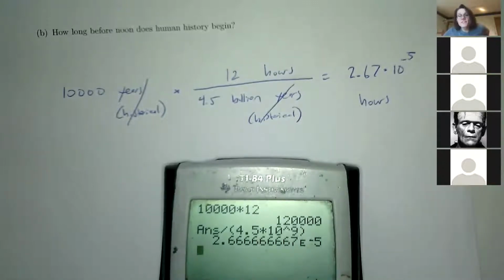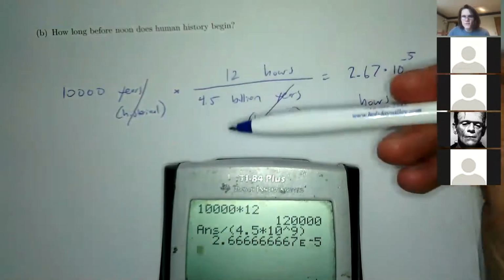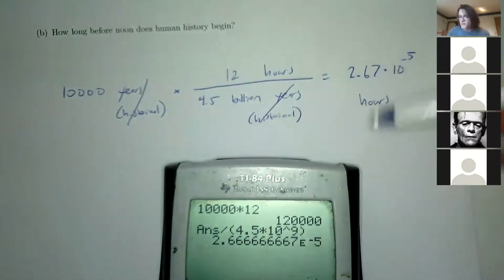This is a decent problem because it hits several of the things we did at the end. You could use scientific notation to answer it. You're using unit conversions. And lastly, if you did it really well, you could rewrite things in ways that make more sense and are more easily understandable. 2.67 times 10 to the minus 5 hours isn't too great.